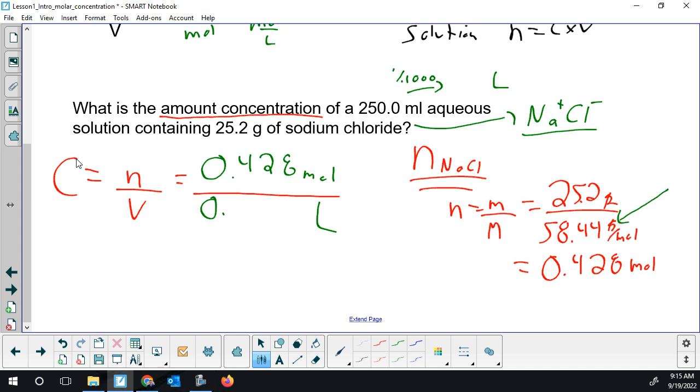We've got 2, 5, 0, and I need to keep those end zeros. These are 3 sig figs. Okay, so that was probably from a graduated cylinder that you could read a decimal place on. So my final concentration is 1.71 moles per liter.